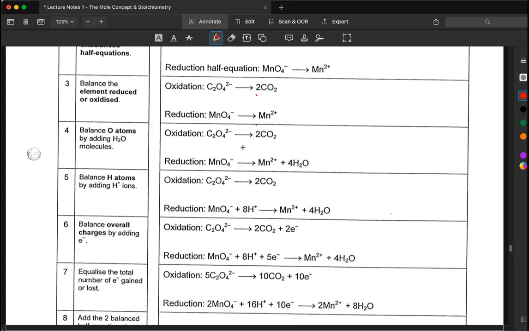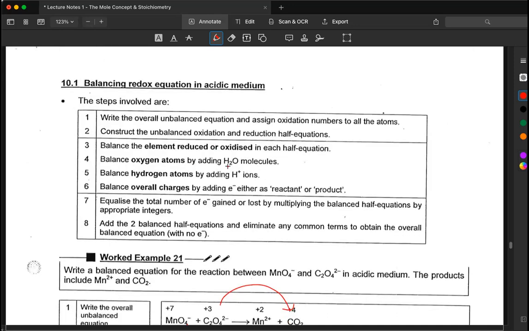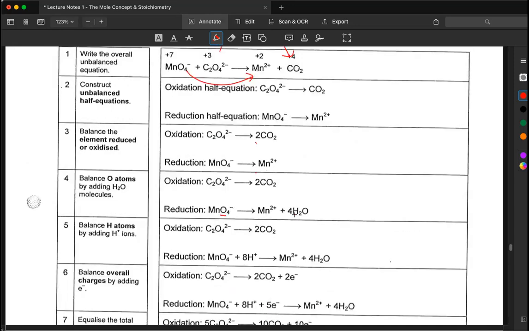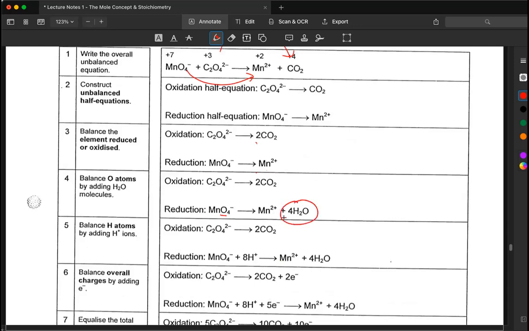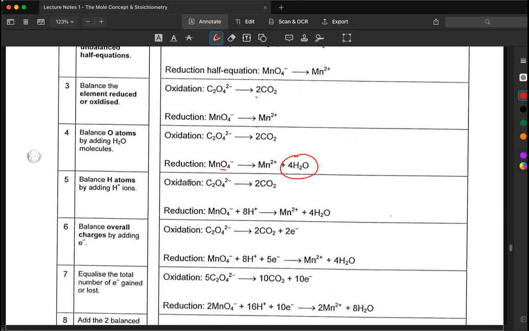Here is okay. But the reduction part here, because you have O here, what did I say there? Balance by adding water. So you have water there to be added. Okay. And then you balance the H atoms by adding the H+ ions. All right.